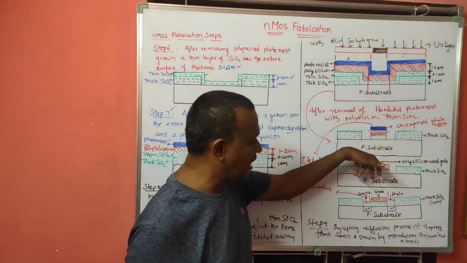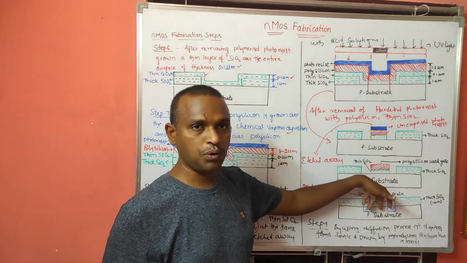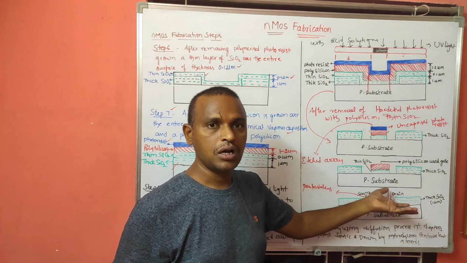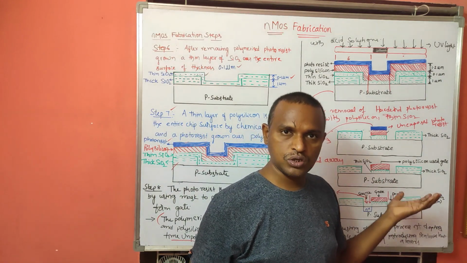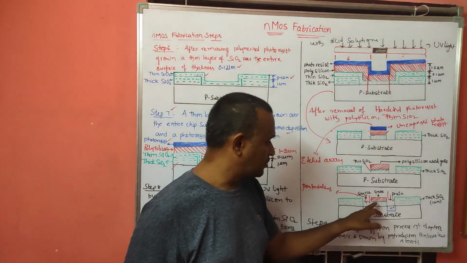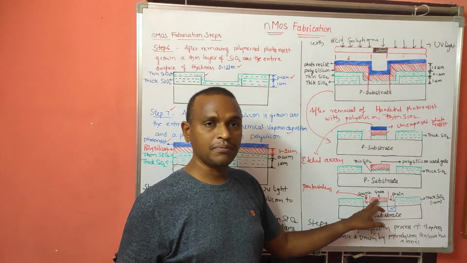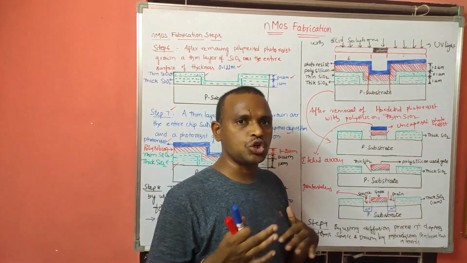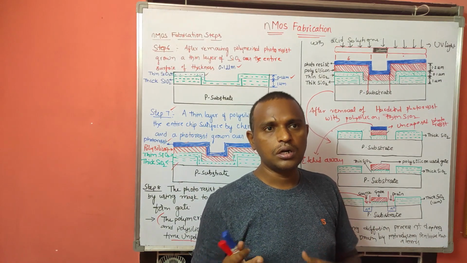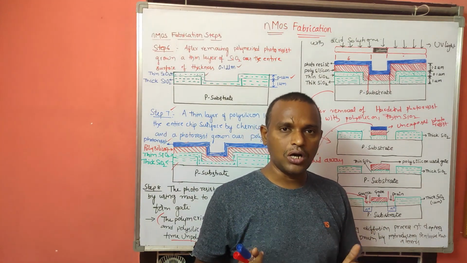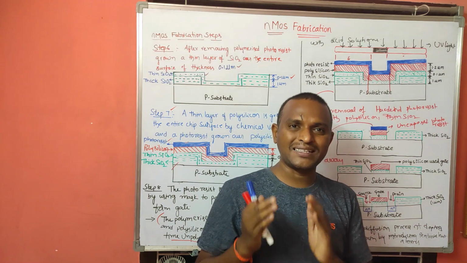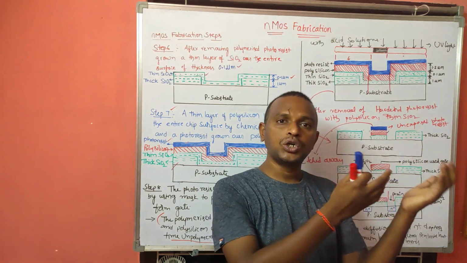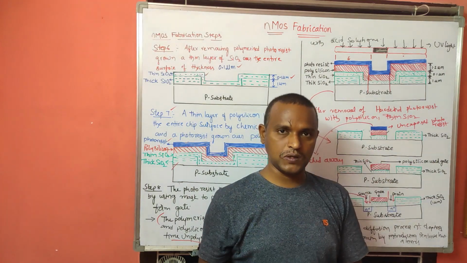Okay, so this gate is protected from the diffusion process of the formation of source and drain by the SiO2 and at the same time the polysilicon. So there is no use of a mask, because the polysilicon and SiO2 will protect the surface from the dopants, from the diffusion process.